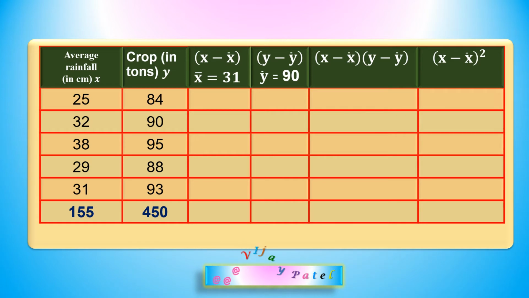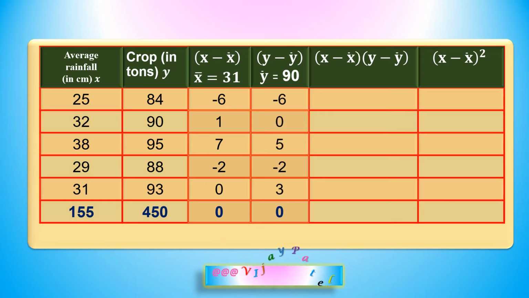First of all, we should subtract 31 from all the values of variable x. We'll get minus 6, 1, 7, minus 2, 0, and you know very well sigma x minus x bar always becomes 0. Now all the values of variable y subtracted from 90 will give minus 6, 0, 5, minus 2 and 3.